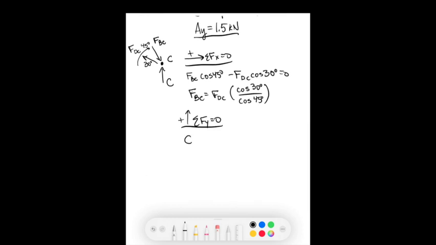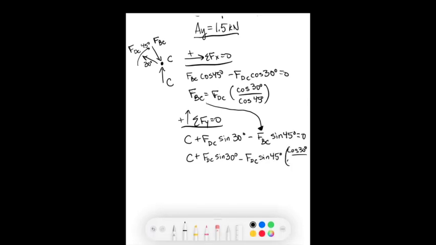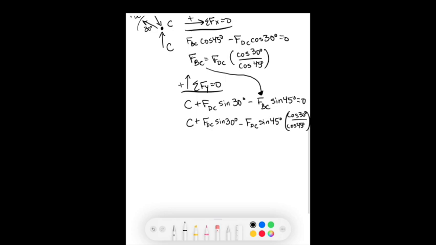Looking at the forces in the y, we have the reaction C, the y component of DC, and the y component of BC acting downward. So we can use this answer and insert into here. And that's equal to 0, so we can go ahead and solve for the force in DC.